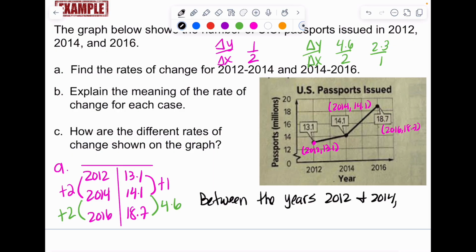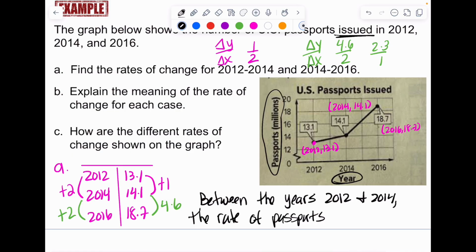We just listed those years, but isn't our output our passports in millions? So the rate of passports being issued, I'm using that word from the problem, being issued, was 500,000.